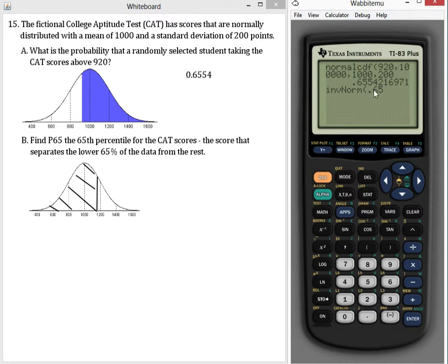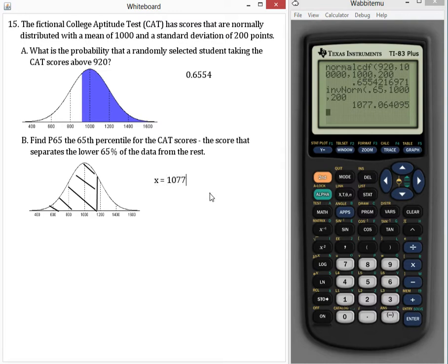It can just take one, but we're going to use three here. The first is the area to the left of the score we want to find. The next is the mean of our distribution. And the last is the standard deviation of our distribution. So it calculates that for us and finds that the value we need is 1,077.